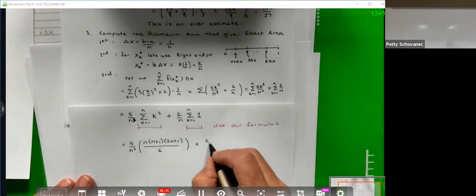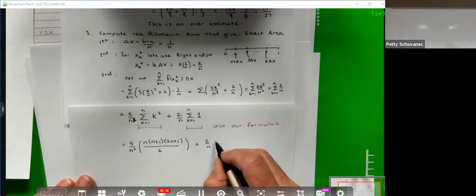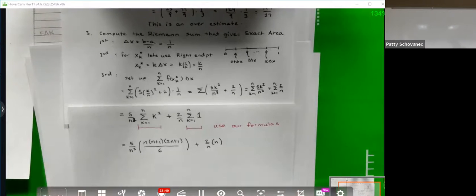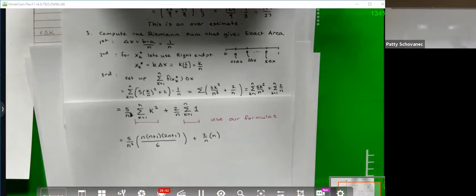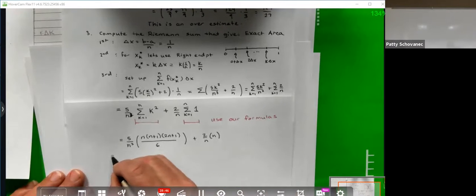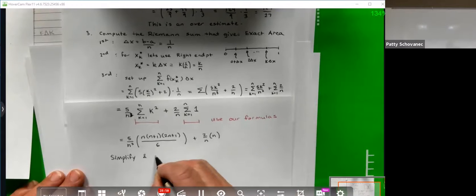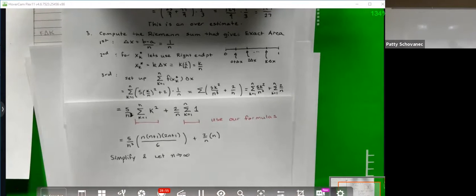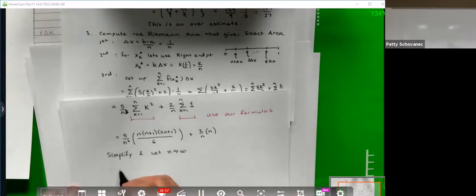And then I have 2 over n, and this summation just gives me n. We're going to simplify this and then take the limit as n goes to infinity. So we have that the area is whatever this limit gives us.